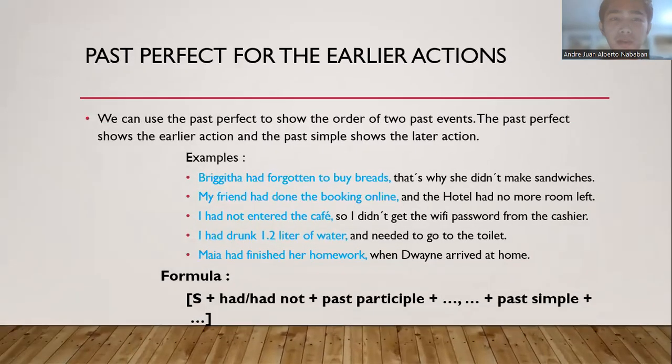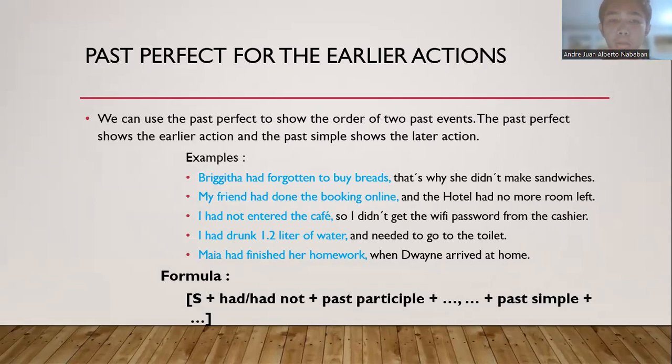So the past perfect tense for the earlier actions. The definition again: we can use the past perfect to show the order of two past events. The past perfect shows the earlier action, and the past simple shows the later or the after action.